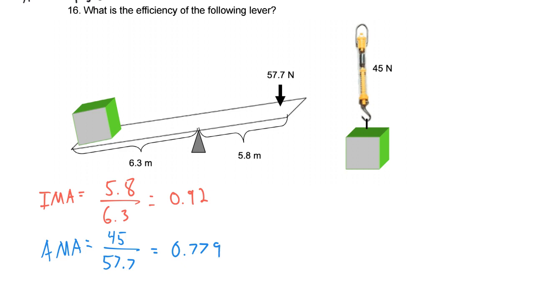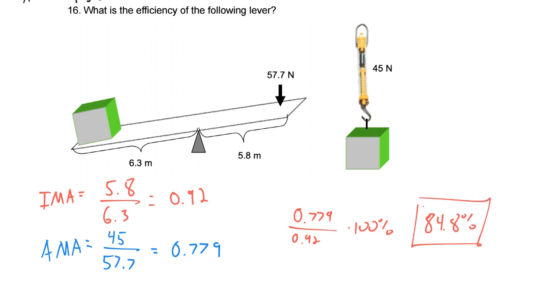And now we'll just compute that as a percentage. 0.779 over 0.92 times 100% is 84.8% efficient.